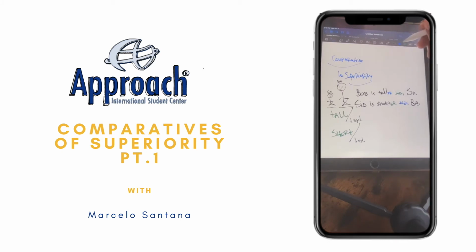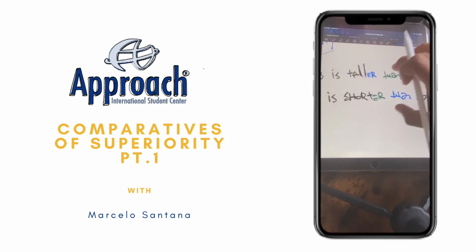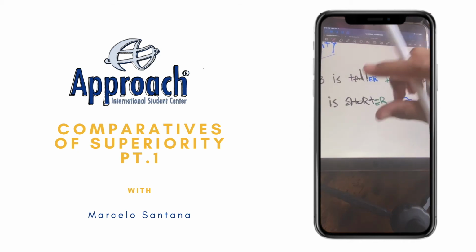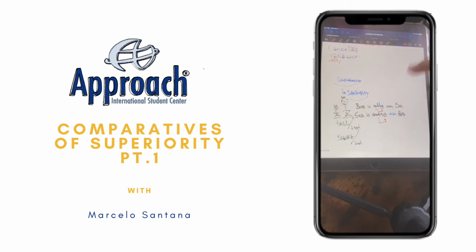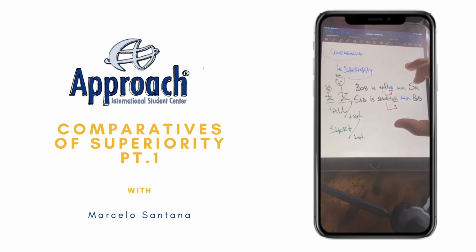Now, something important here that I want to call your attention to is that when I have a short adjective, I need to use the ER at the end of this adjective, okay? So I use the adjective short, and then I use ER. Look at this, tall, and then I use the ER too. All right?